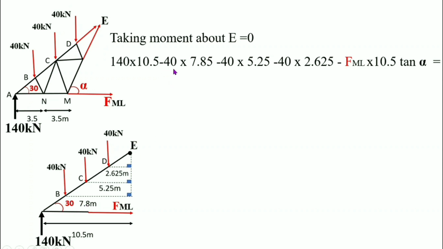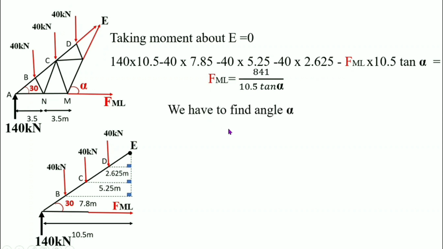So we take minus 40 into 7.875 minus 40 into 5.25 minus 40 into 2.625 minus FML into 10.5 tan alpha. FML is this force and the perpendicular distance to E is this. We don't have angle alpha, so we put this distance as 10.5 tan alpha. FML is equal to 841 divided by 10.5 tan alpha.